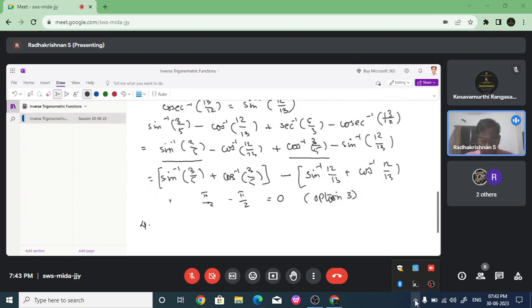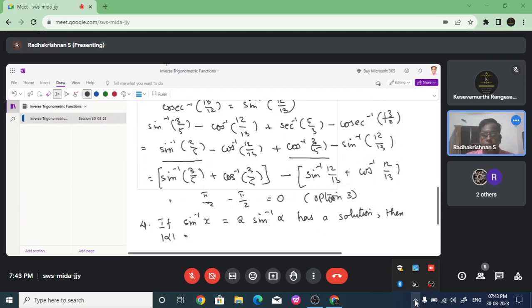The fourth problem is: if sine inverse of x equal to 2 sine inverse of alpha has a solution, then modulus of alpha equal to, what are the options?